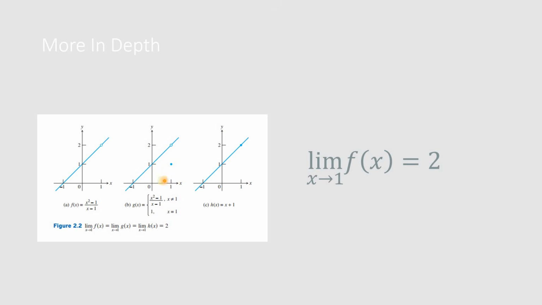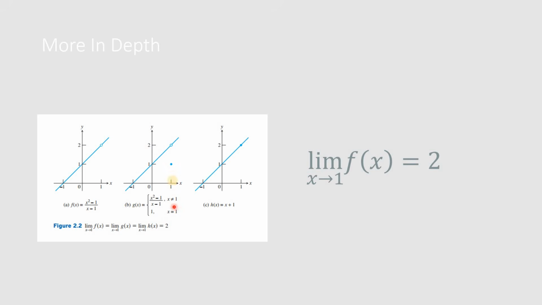It's very similar, but a different scenario where the function at x equals 1 actually is defined. So if we plug in x equals 1 into g of x over here, then we get a value of 1. But does this really look like the behavior of the rest of the line? It doesn't. So that's a problem.